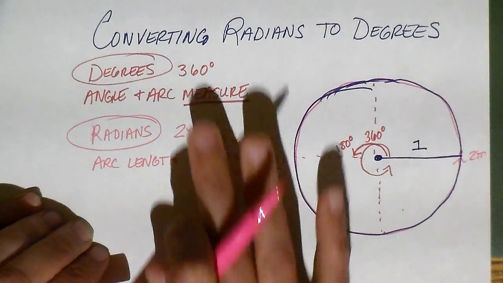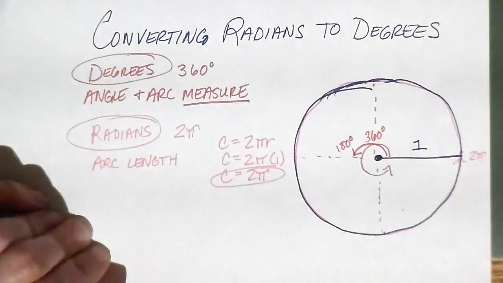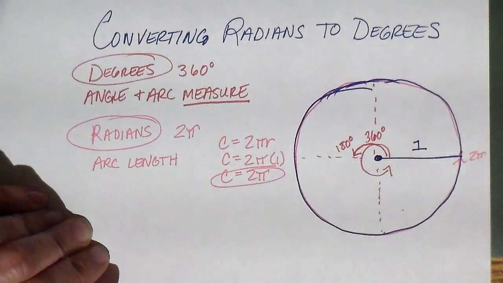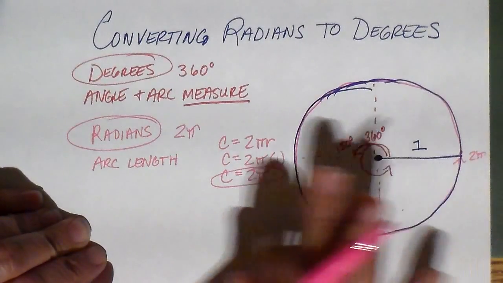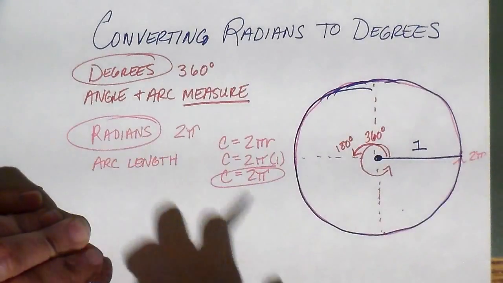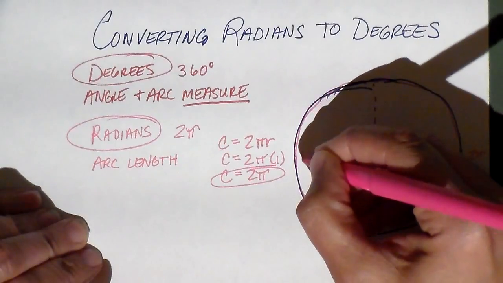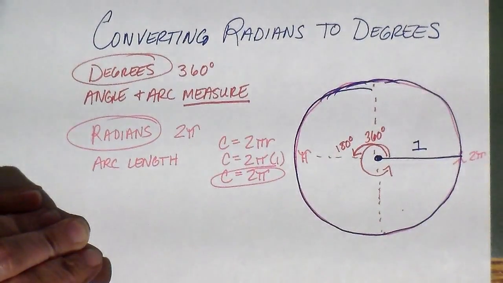So we want to convert from radians to degrees. So what do we know about every radian? Well, if 2 pi radians is 360, pi radians would only be 180, right? Because if the whole way around is 2 pi, halfway around would only be pi, right?